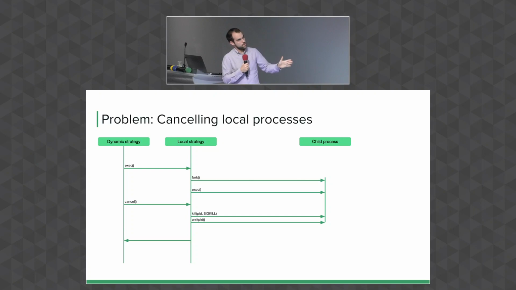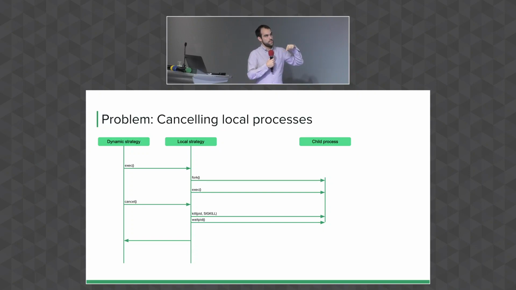We have the dynamic strategy that starts doing an exec towards the local path, right? And the local strategy will then have to run a process. And the way you run a process, well, you run fork and exec, and you have the thing running, your compiler, and at some point, the remote execution will have finished, and we'll say, well, I want to cancel the local strategy now because the remote path is faster.